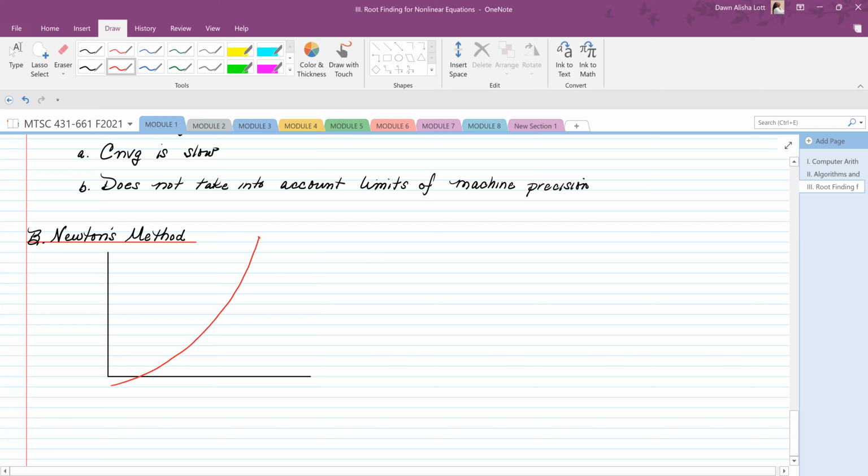And as you can see, there is a root right here. I'm trying to eyeball my graph, and I say, I'm not really sure what that value is, but I'm going to guess that that number is right here. So x_0 is my initial guess again.